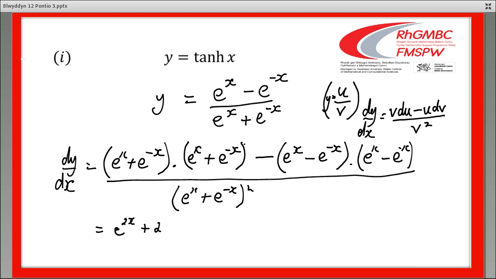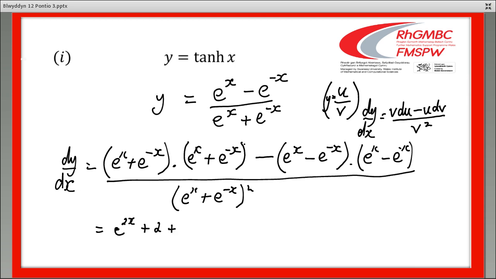And your basic work that you did in year 12 on indices, you add the powers. Well, x take away x is 0, e to the power of 0 is 1, and because we're squaring, there's a 2 in the middle.